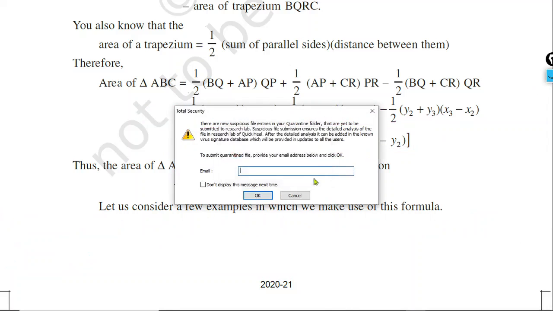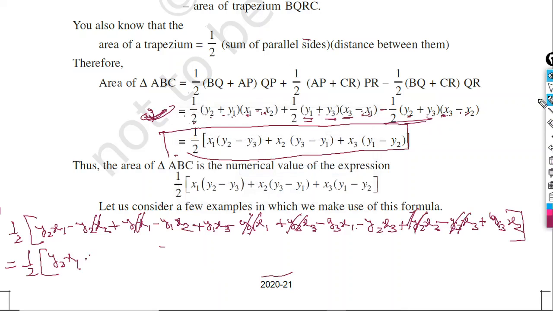Y2 x1, now which remain: minus y1 x2, plus y1 x3, minus y3 x1, minus y2 x3, plus y3 x2. Now we will bring all x1s together, meaning y2 x1 and minus y3 x1 together.